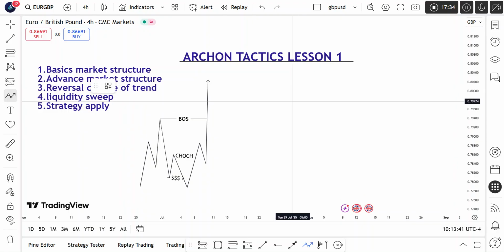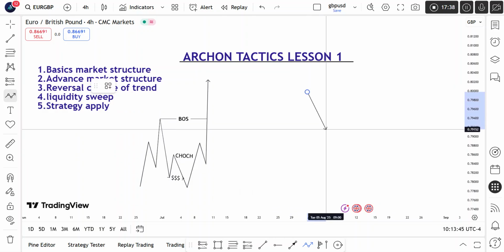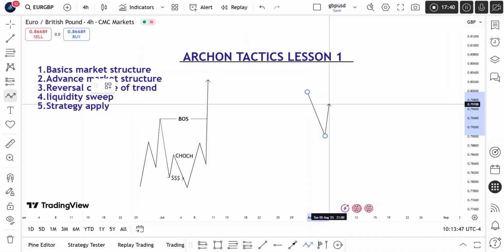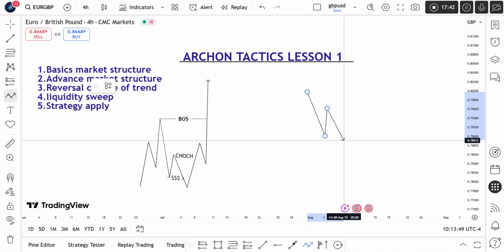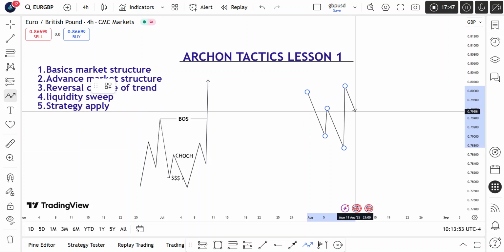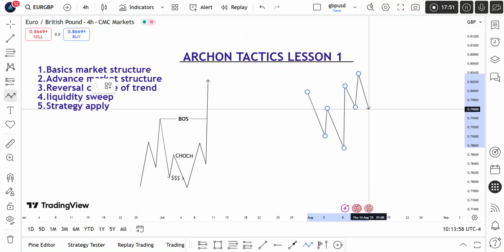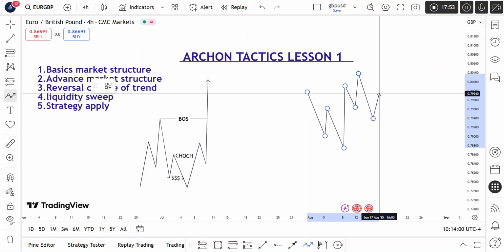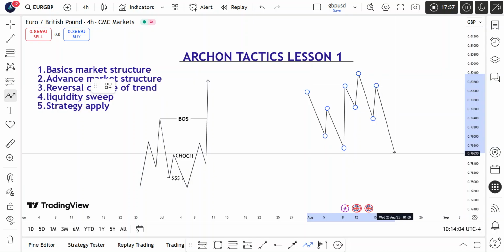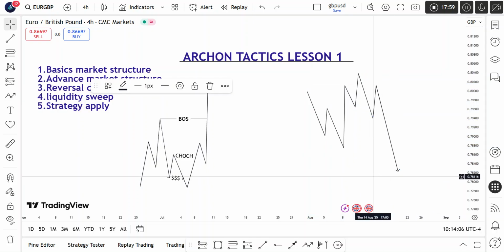We are in a downtrend. What happened? Break here, go up here, go do something. Okay, change of trend happening. Something like that, and then we continue down.